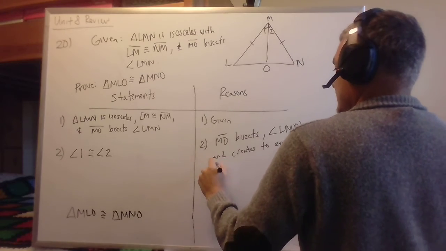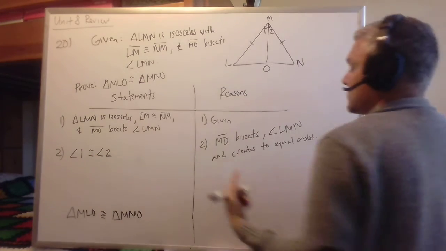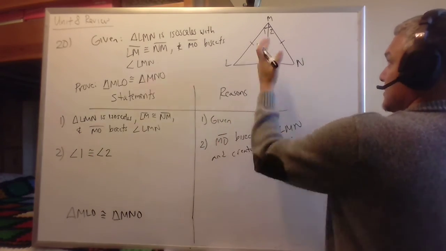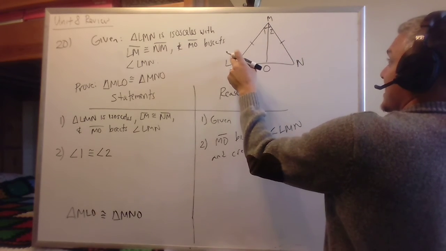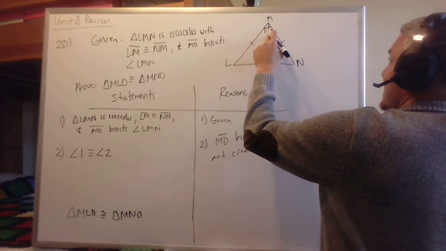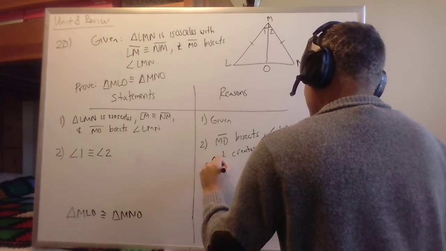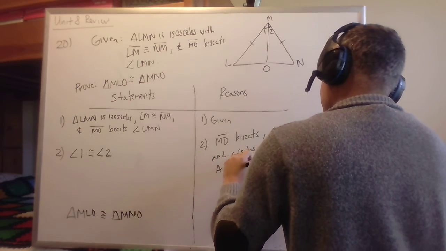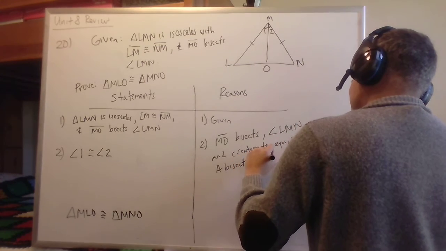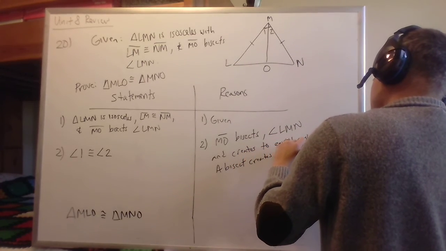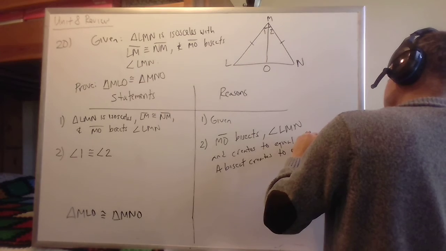So that's why angle 1 equals angle 2, because when MO bisects angle LMN, it creates two equal angles. So I'll just put a bisect creates two equal angles.